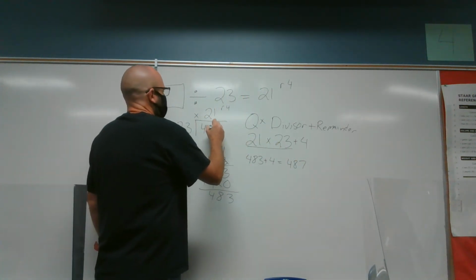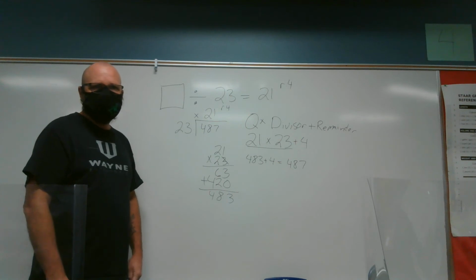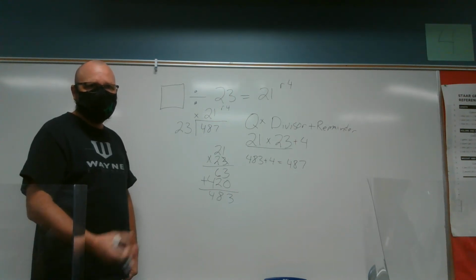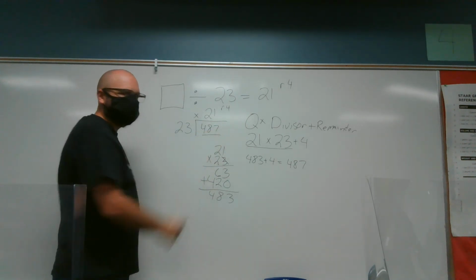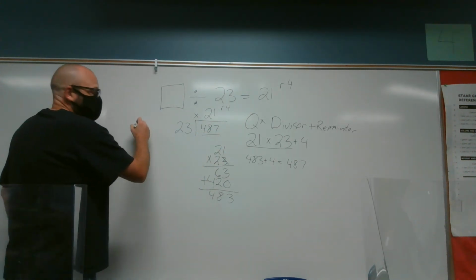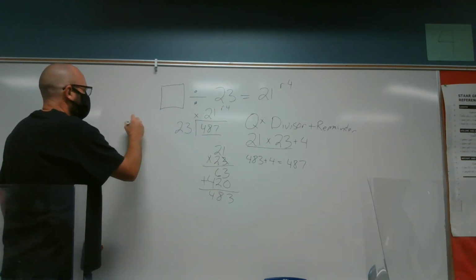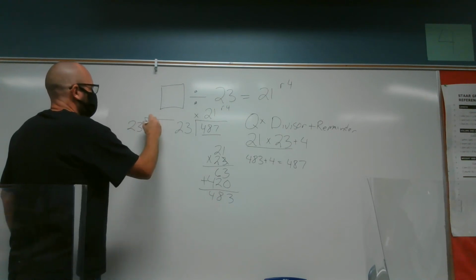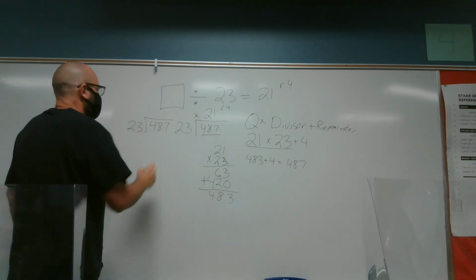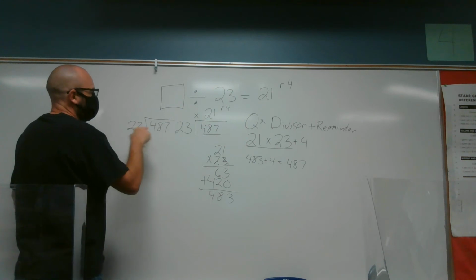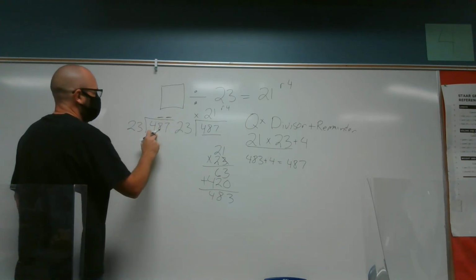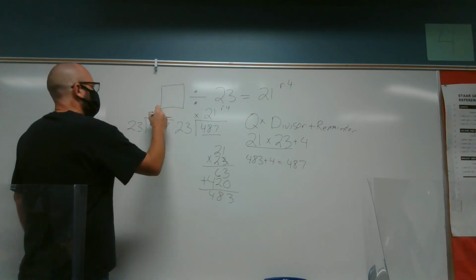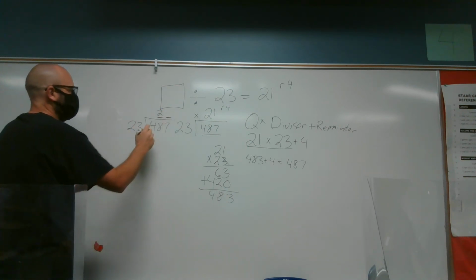So if I did my math correctly, 487 would be my correct answer, because that's what goes here. I can check it. 23 doesn't go into 4, 23 does go into 48, so I'm going to have a two-digit quotient. 23 goes into 48 two times, because 2 times 23 is 46.